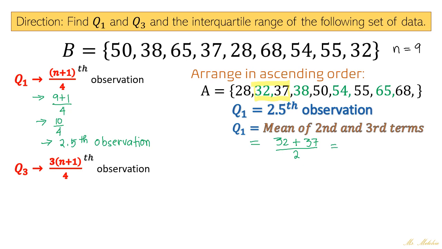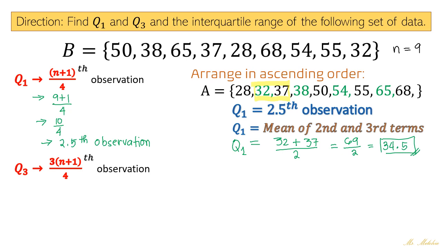So with that, we would have 32 plus 37, it's 69 divided by 2, so we would have 34.5, and this is your Q1.